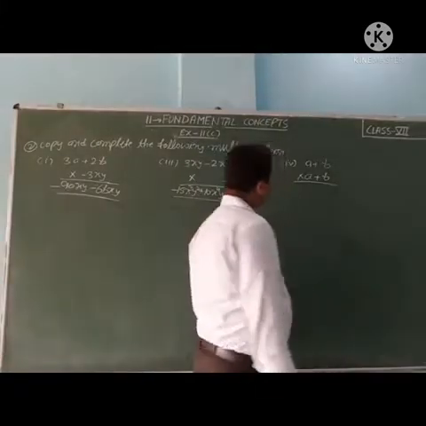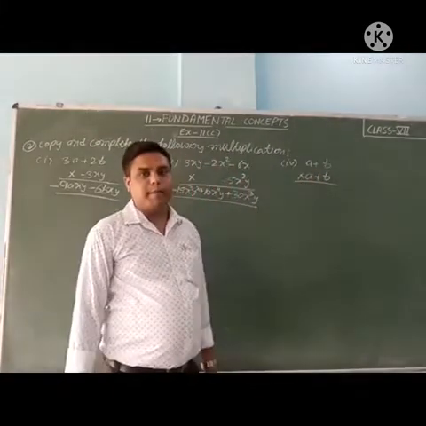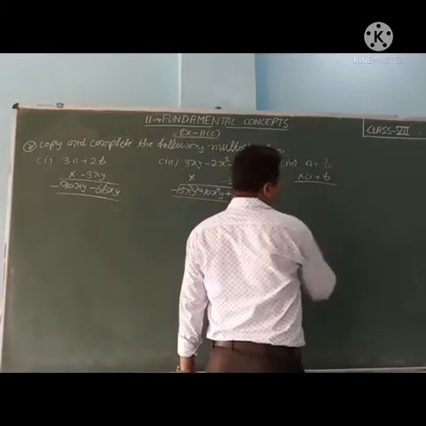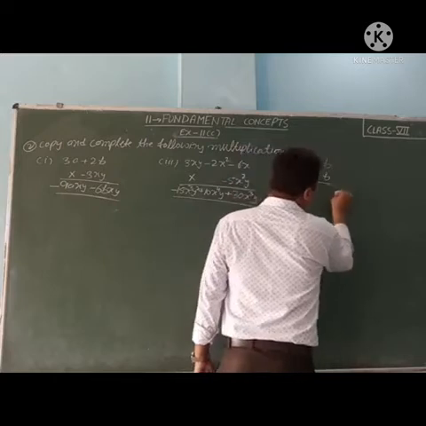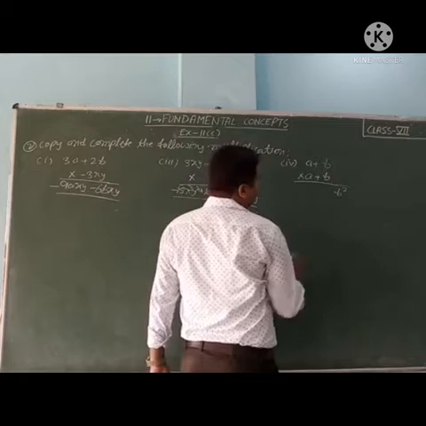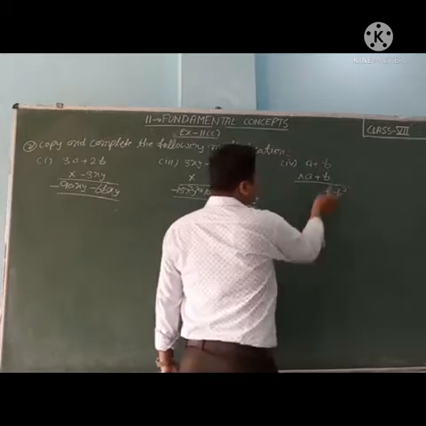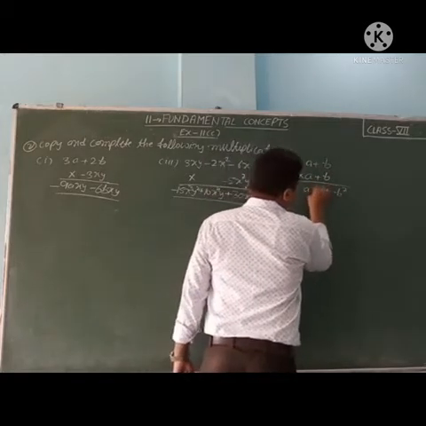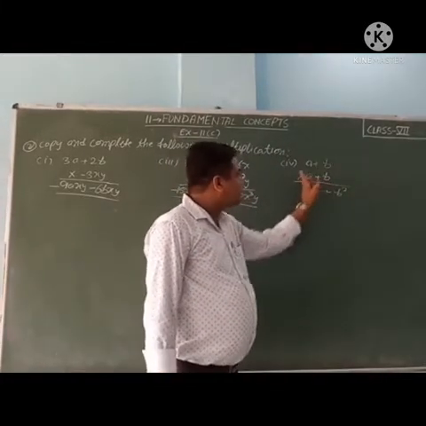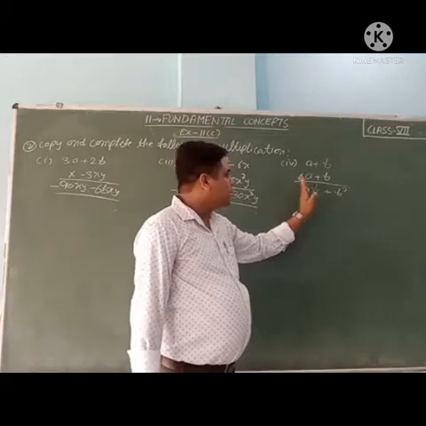First, now you can see binomial multiply binomial. First we will do the multiply of this b with a and b. So b into b square, then b into a plus b square is coming. B into a. Then both are positive, so it means that product will come positive.